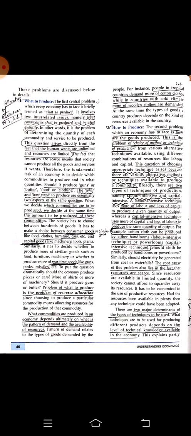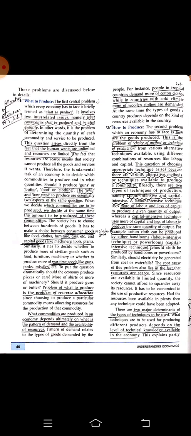Are we going to invest in the consumer goods or in the capital goods? We means our country. Capital good means tools, plants, machines, all these things. So we have to make a choice whether to invest more in the consumer's good or in the capital good.